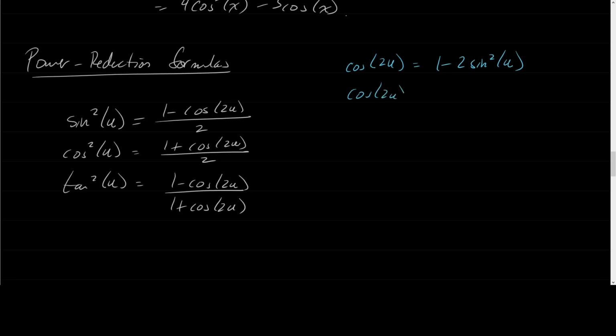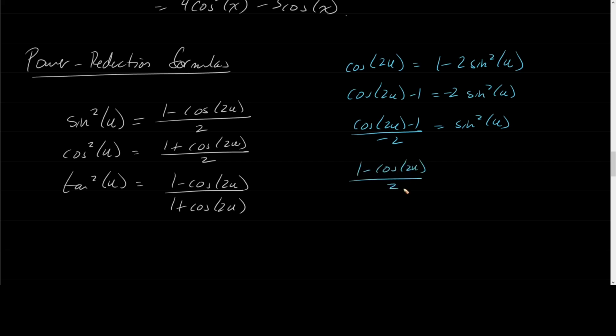So cosine of 2u minus 1 is equal to negative 2 sine squared. Divide by negative 2, I end up with cosine of 2u minus 1 over negative 2 is equal to sine squared. Bring this negative to the top, and I end up with 1 minus cosine of 2u over 2 is equal to sine squared. So there you go. That's the proof for this one.